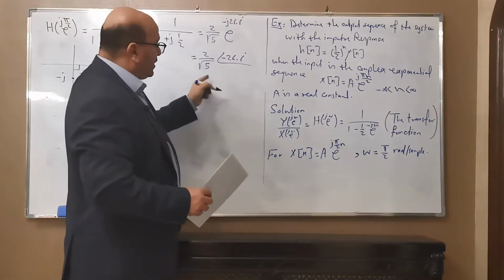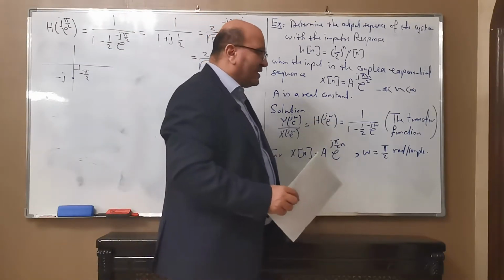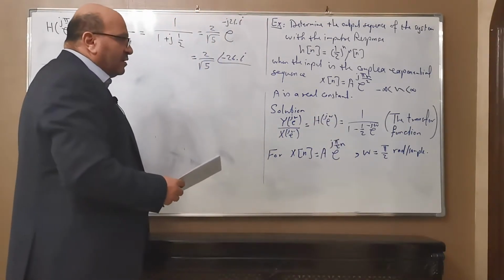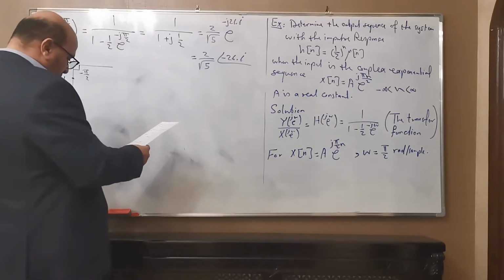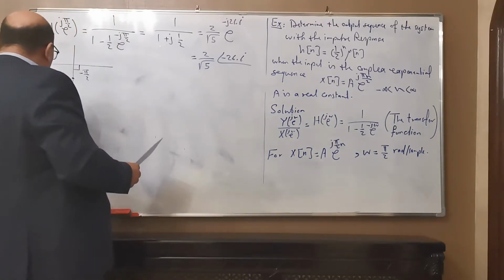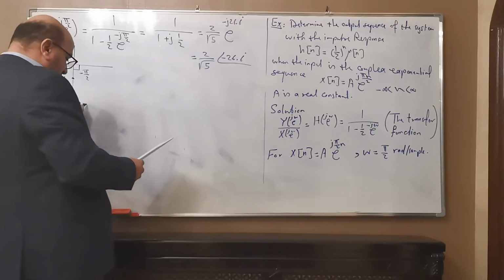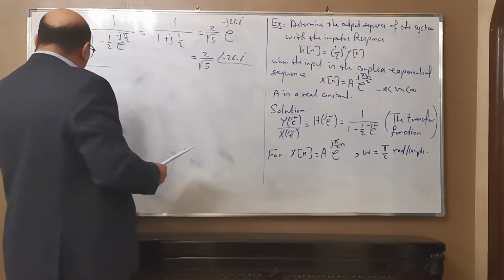How are we going to do this? We'll do this exactly the same as we did in circuits when we use AC signals. So y of n in the time domain is equal to a.